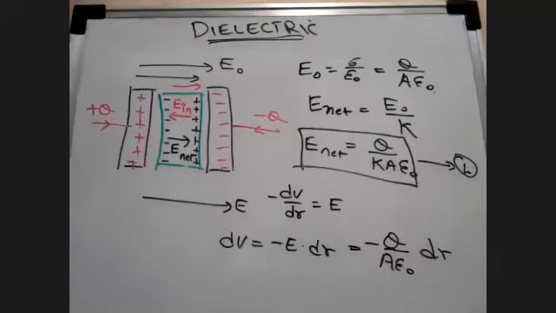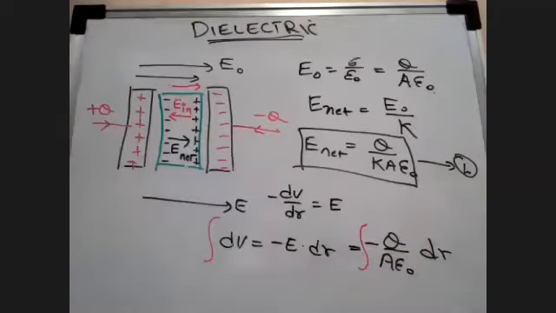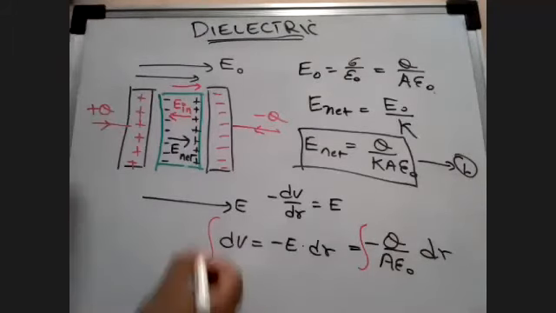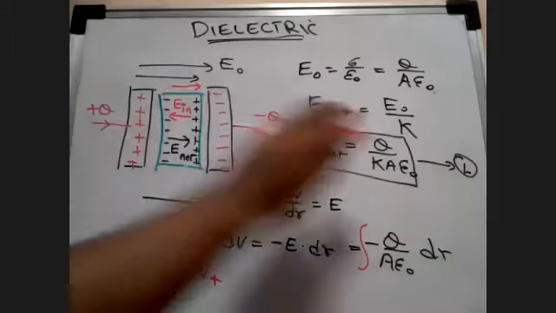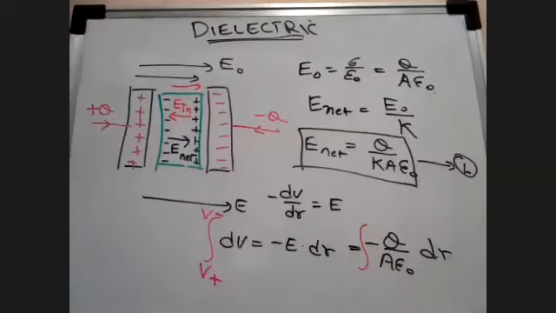If I have to find the potential difference between those two points, I can simply integrate this. The first potential might be positive, and as it goes along the direction of the electric field, it is going to be V minus.